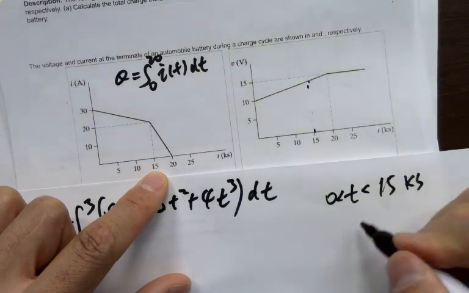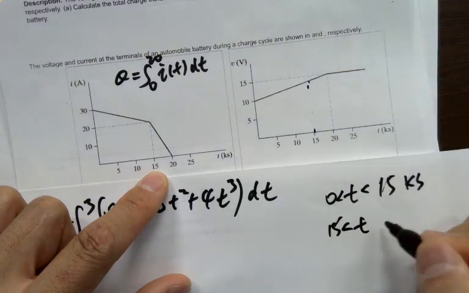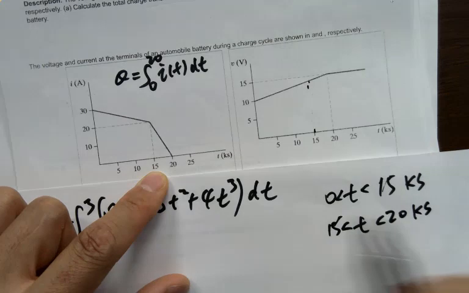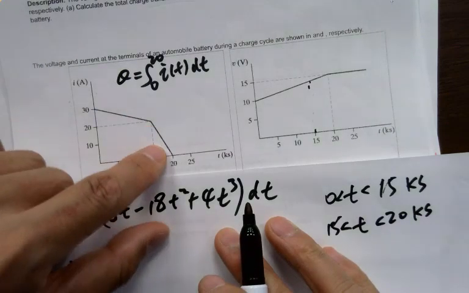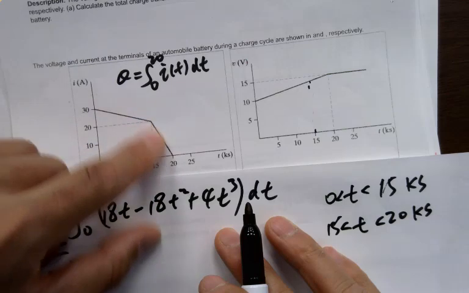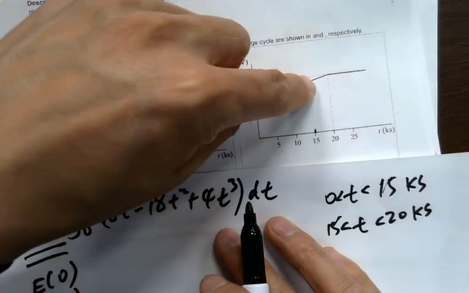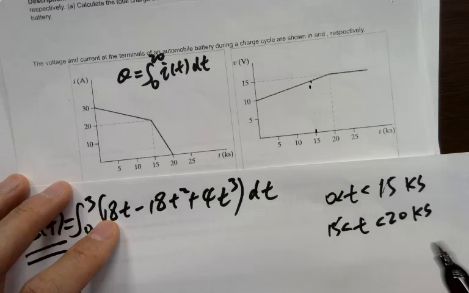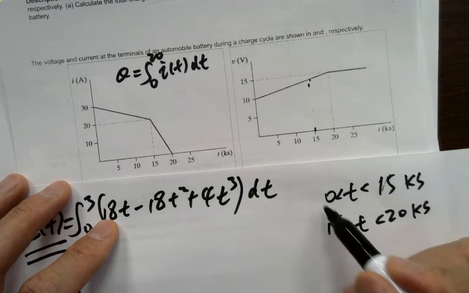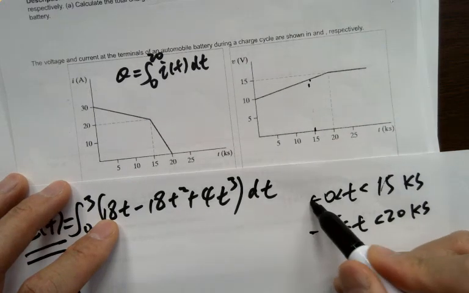When t is from 15 to 20, you have to change the current's linear equation. You use this one times the same voltage equation, and then you integrate with different bounds for these 2 sections.